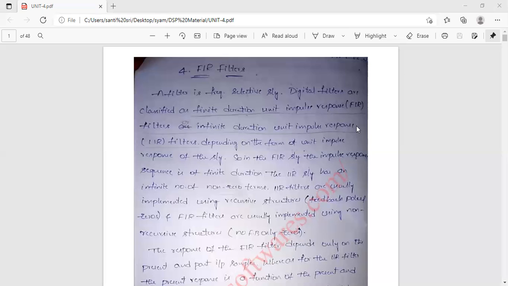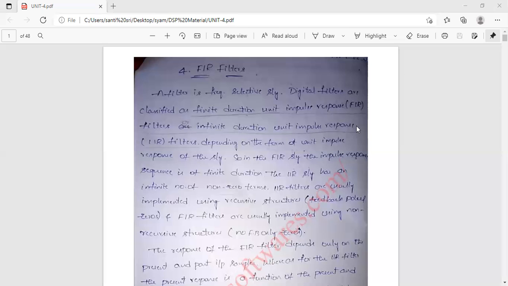That's why it is called a finite duration unit impulse response system or filter. Similarly, the IIR system has an infinite number of non-zero terms.